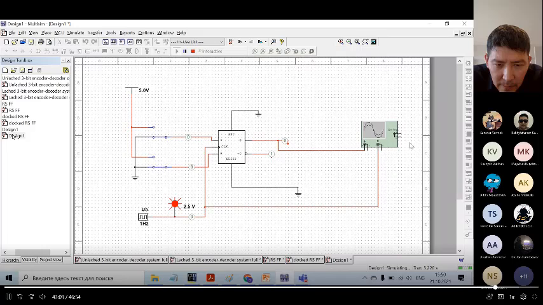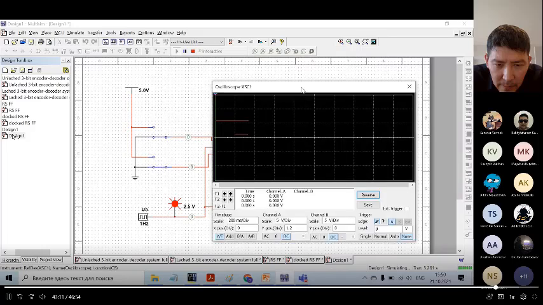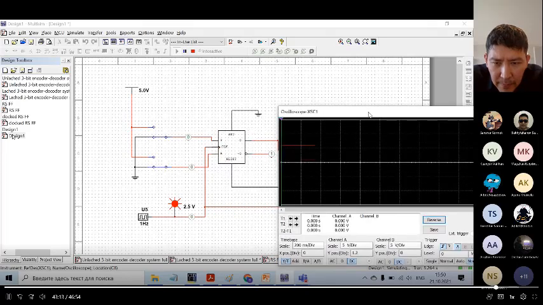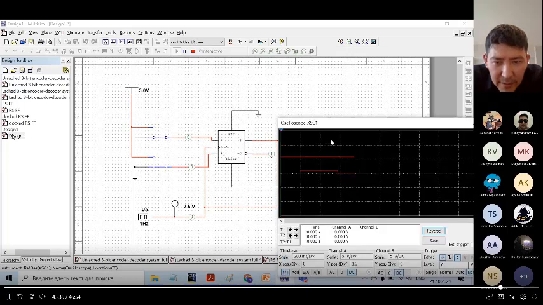So let's come back to the hold mode. Let's wait for a while. So here below is the oscilloscope. Above, it's okay.